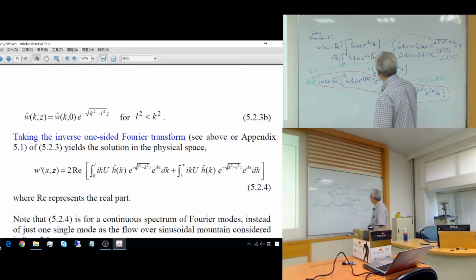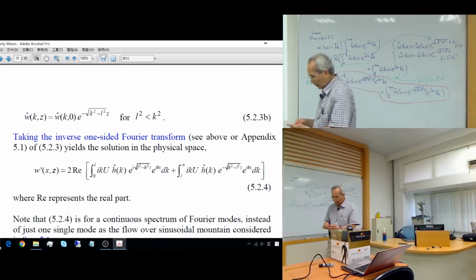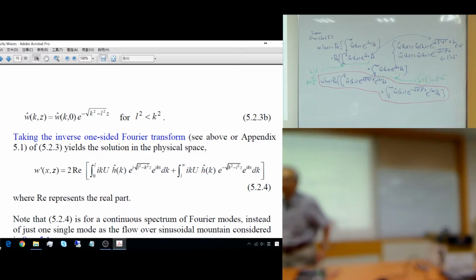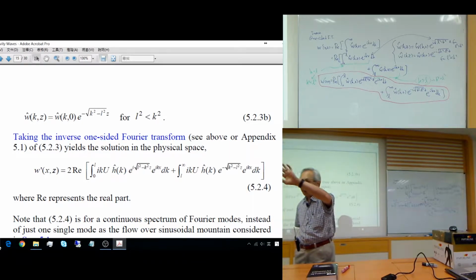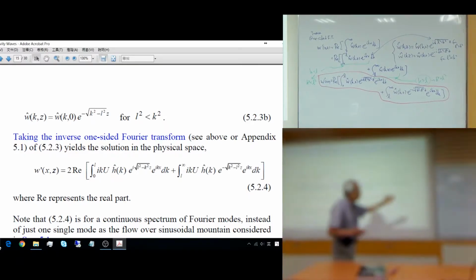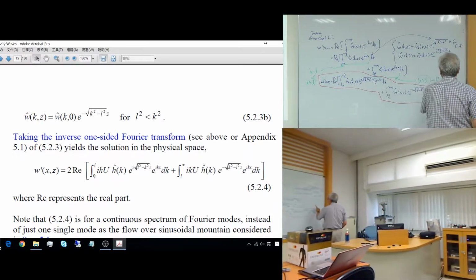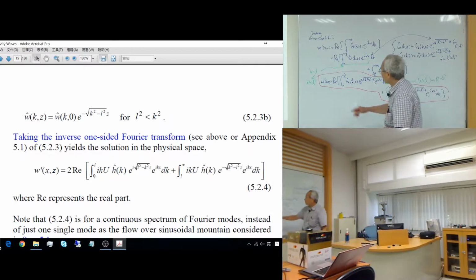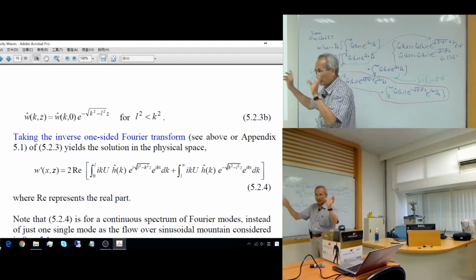Okay, our solution. So to solve this analytically is not that trivial. Not easy. But there are three special regimes we can solve. One is when k squared is much greater than L squared, and also when k squared is much less than L squared. Those are two extreme cases.